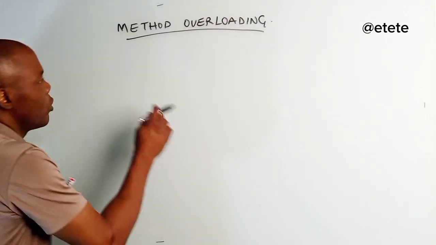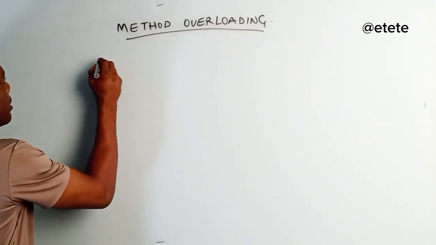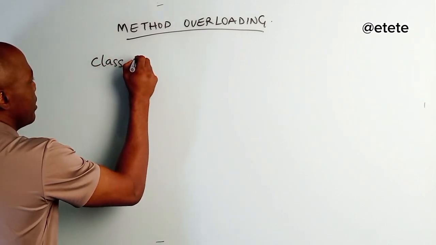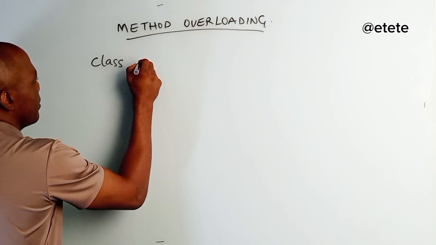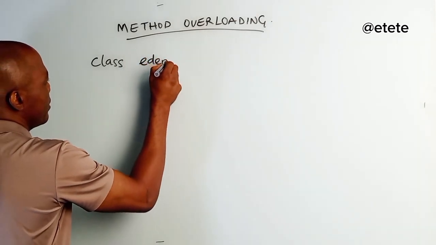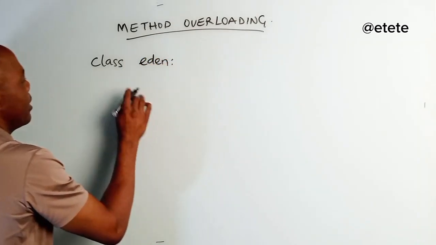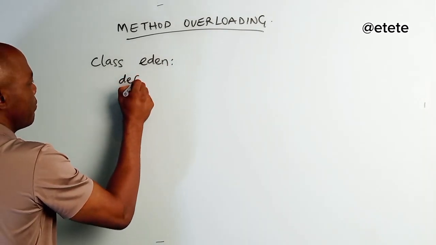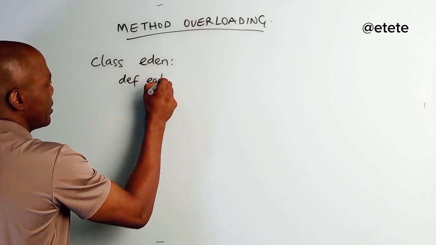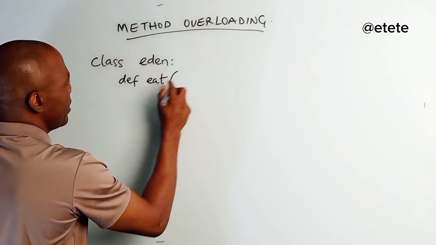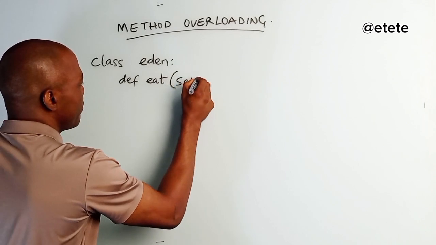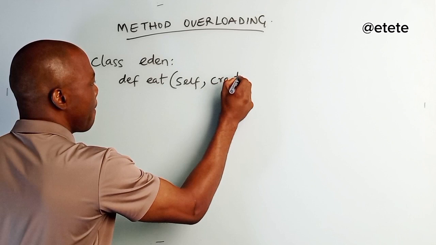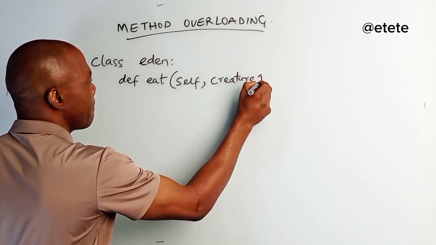Now, so we create a class. So let's create a class, Eden, right? And then we create a method, define a method, def it, and then here we supply self, and then creature one.